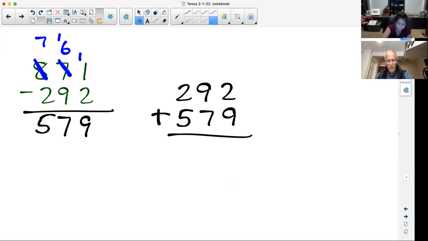So 2 plus 9 is 11. Exactly. You keep going.